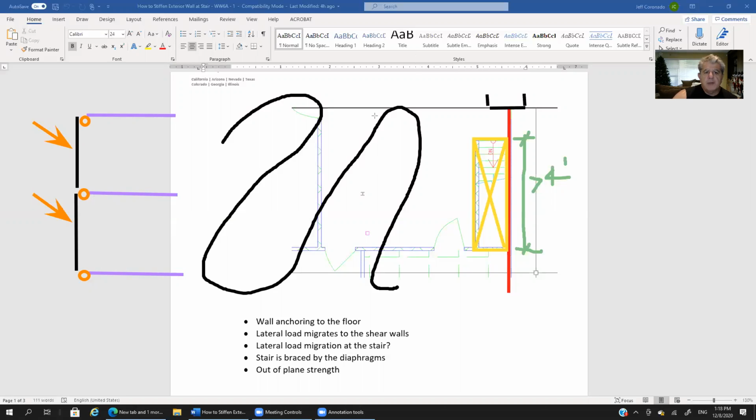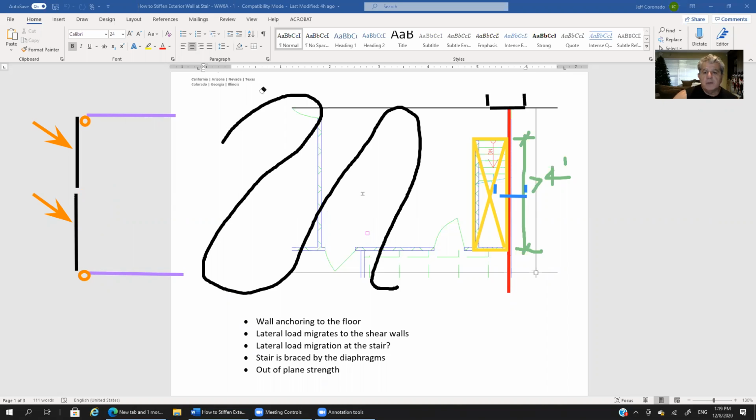Okay, so now what would happen if we were to look at a section through where the stairs are at, or where the opening in the diaphragm is at, and we look that way? If we have that, then in essence, what we have there is we don't have the floor bracing the wall at that point. Well, guess what?